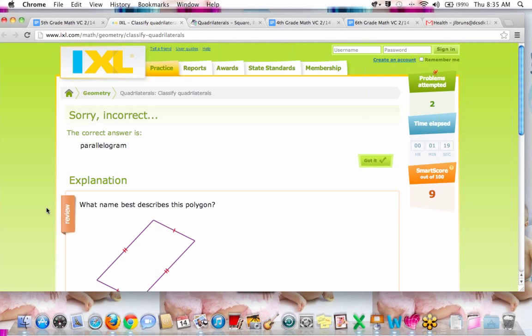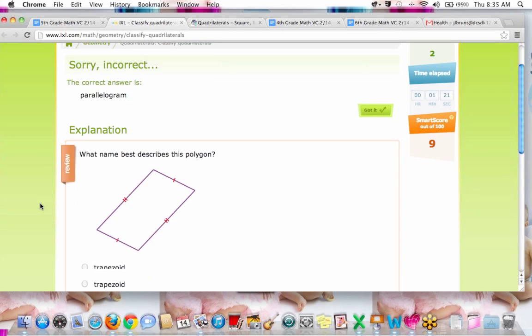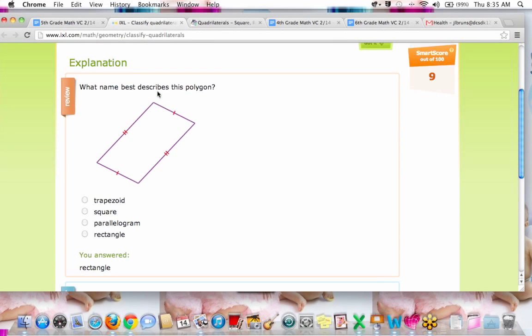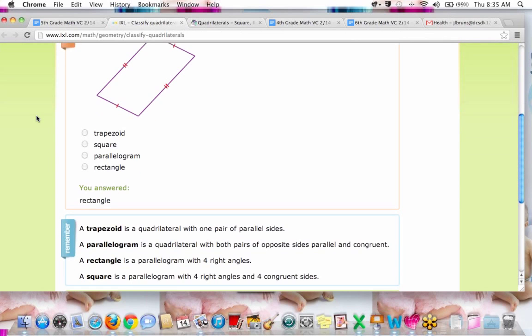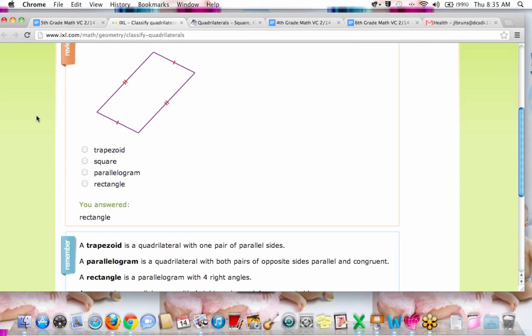Yeah. But see, if you look at this picture though, can you see that these lines are kind of tilting? This was kind of a hard one. A rectangle, think of it as more of a perfect straight up and down and perfect straight across. These lines actually are slanted. So that was kind of hard.